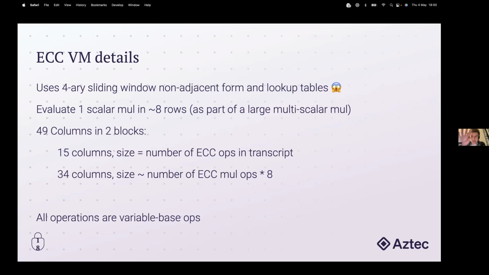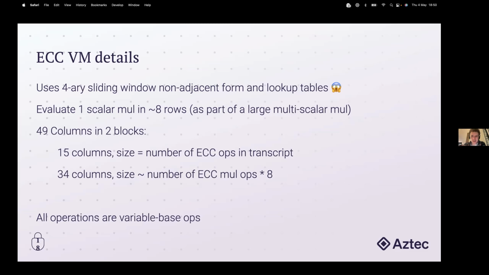Also in this block of columns, you're doing the point table computation. If your sliding window represents the points p, 3p, 5p, up to 15p, then you need to compute these and put them in a lookup table. That's what the point computation block does.